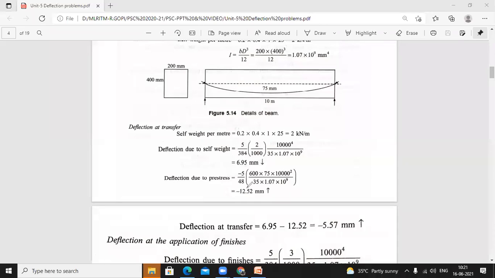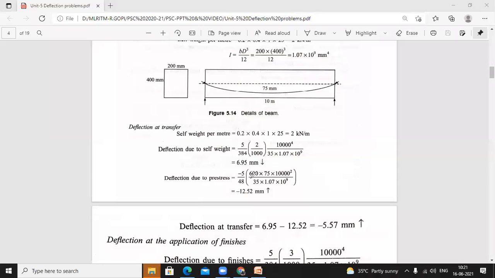It is minus, so it is upward deflection. The arrow indicates the deflection direction: downward means a downward arrow, upward deflection means an upward arrow.